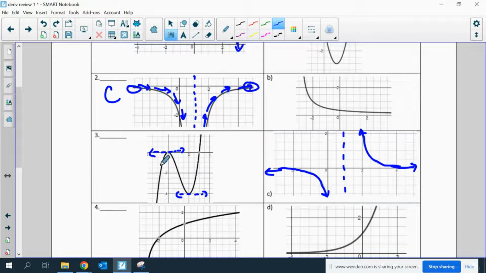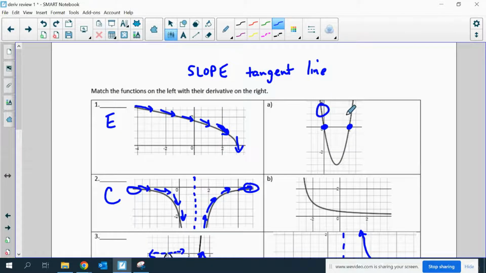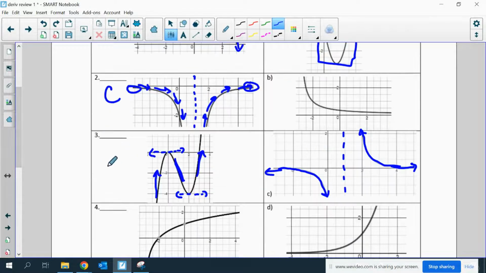Then if I look at the slopes, I have positive slopes before 0, negative slopes between 0 and 2, and positive slopes everywhere after 2. Positive slopes up here, and then negative numbers representing negative slopes because the derivative represents what the slope is all of the time. So 3 is A.